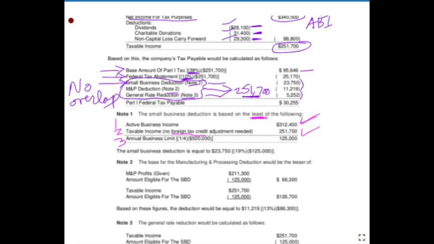In the question, let's see somewhere here, it said the combined taxable capital employed in Canada. So let me read this from the top. It says Lorne Inc. is associated with 3 other CCPCs. The companies have agreed that each company will claim, I think they may have boo-boo here.